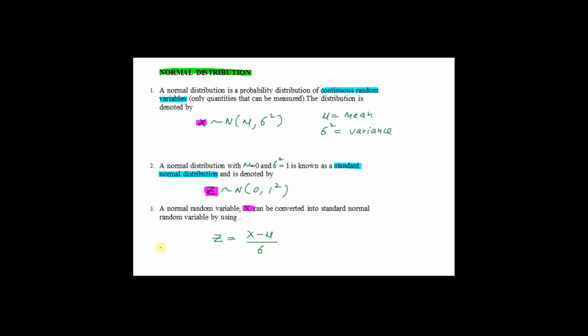Pay attention here. You have to know how to convert a normal random variable X into a standard normal random variable, that is your Z score, because the probability table given for normal distributions is the standard normal distribution, where the mean is 0 and the variance equals 1. Next, I'm going to show you the standard normal distribution.